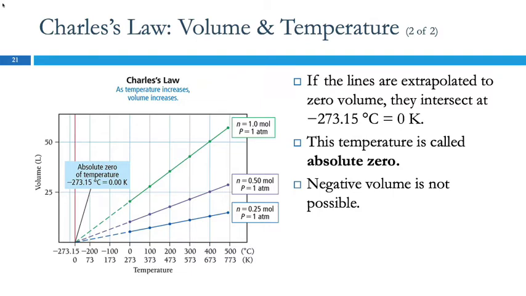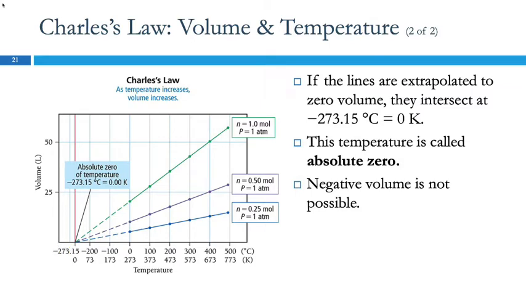You have to add 273.15, and this is where it came from. So at this point, zero volume at 0 Kelvin. That's the absolute lowest theoretical possible temperature, where the volume of a gas would be so small that it's 0. Of course, that actually can't happen, but these all intersect here.